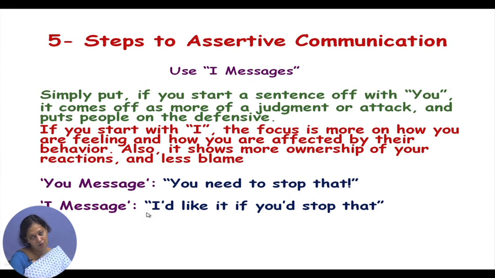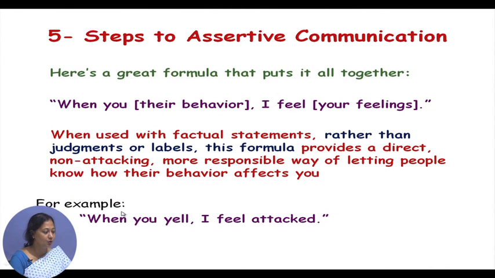If you were using too many you statements, you can start using an I statement from henceforth. So, the next one is, how do you put this all together? When you, that is their behavior, then I feel, your feelings.